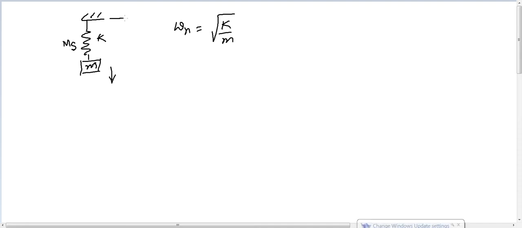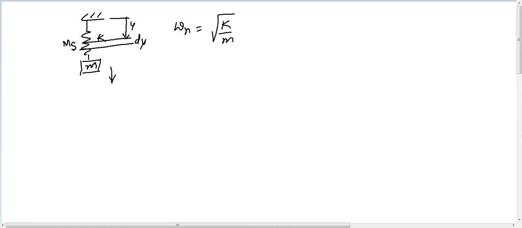Now let us consider a small strip of the spring at a distance of y and length dy, and try to find the kinetic energy of that strip only.